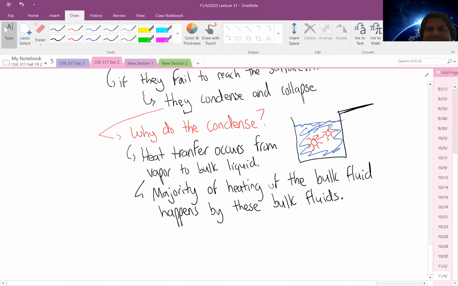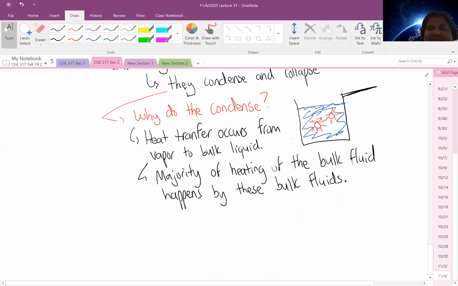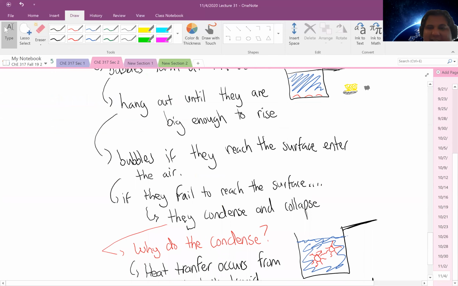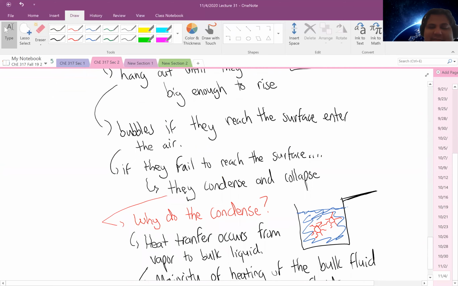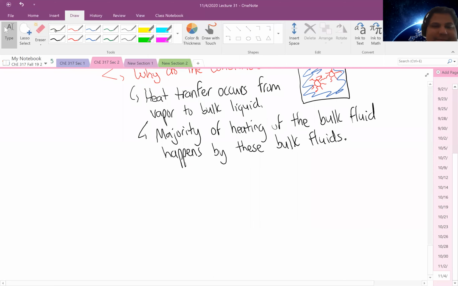So we can recap. First, we get natural convection. Then we get bubbles to form. As they form enough, they'll essentially detach from the solid liquid interface. They'll rise. Initially, the majority of them will collapse, and you'll have this essentially heating mechanism. Then as the temperature of the bulk fluid gets high enough, the bubbles basically get enough time to actually escape and enter the air. So what happens when we keep heating it?